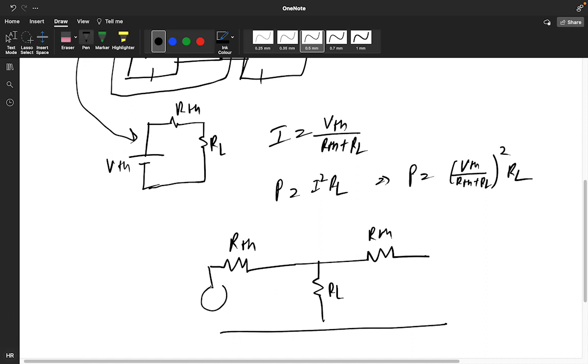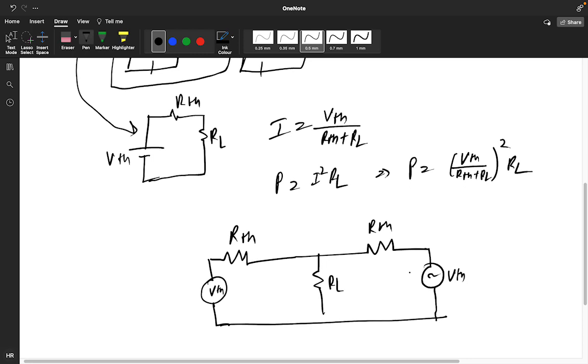You have the same VTH here also and the same VTH here also. So if the thing is like that, then how can you solve this circuit?